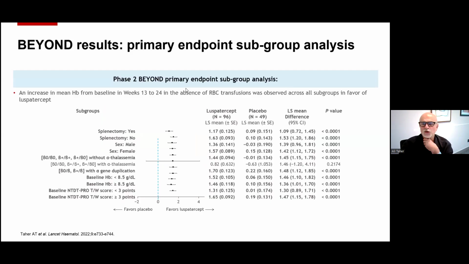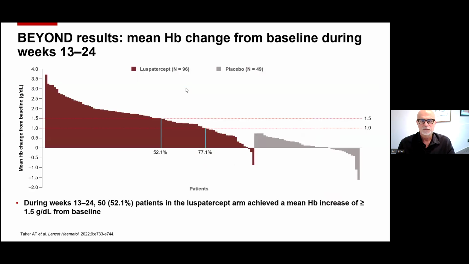The primary endpoint was actually positive in all subgroups, male, female, low hemoglobin less than 8.5, above 8.5, all met the primary outcome. Around 50% of the patients increased their hemoglobin by above 1.5 gram per deciliter, which is better than the 1 gram per deciliter.